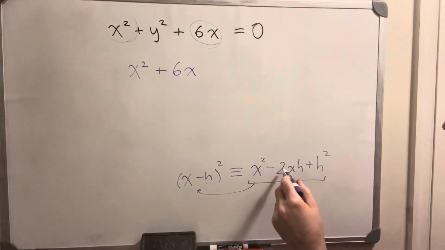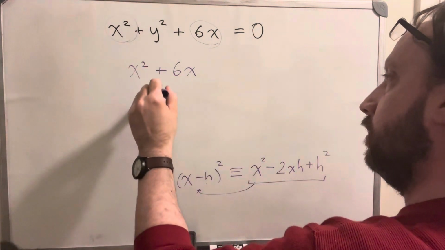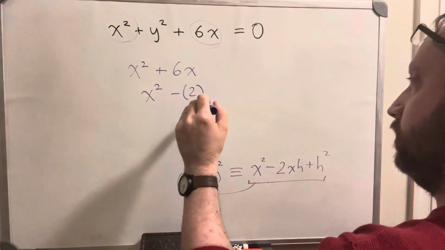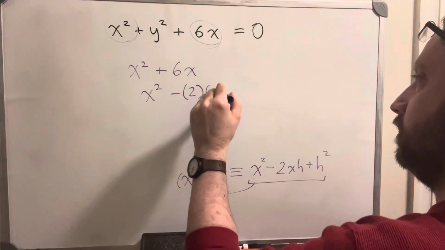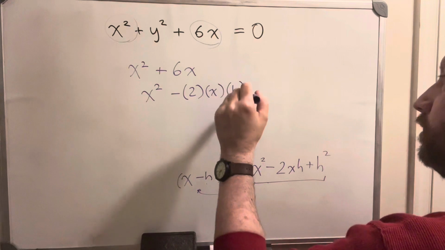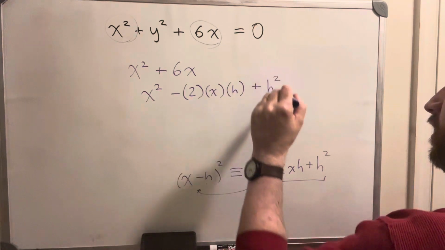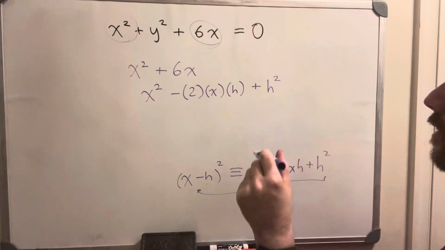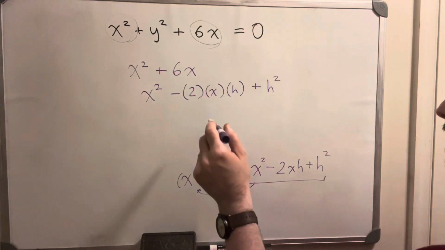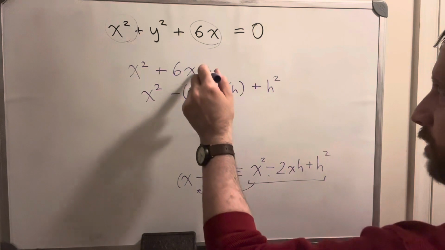But what we need is to have minus 2 times x times some h plus some h squared. Okay, so this is a lot closer to this than this is, but this is what we've got.